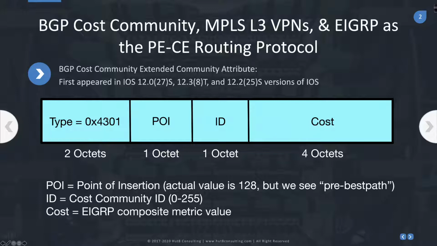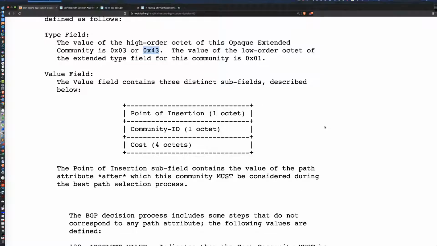So here's our type value of 0x4301, the point of insertion value, the cost community ID, and then the cost, which is 4 octets. They stack theirs in the IETF draft. I've drawn mine out looking at it from left to right.